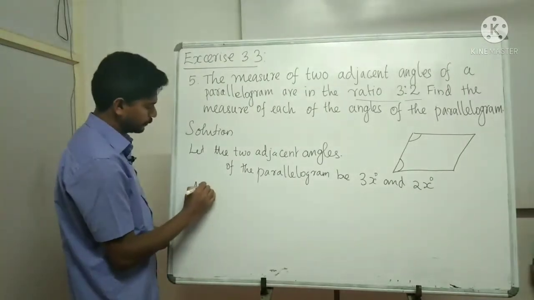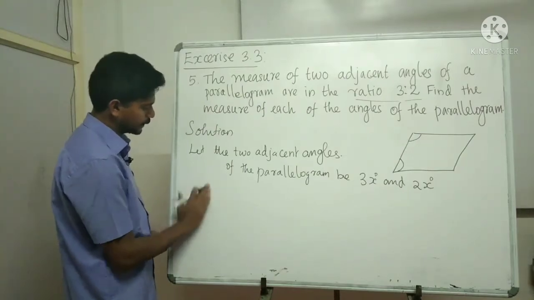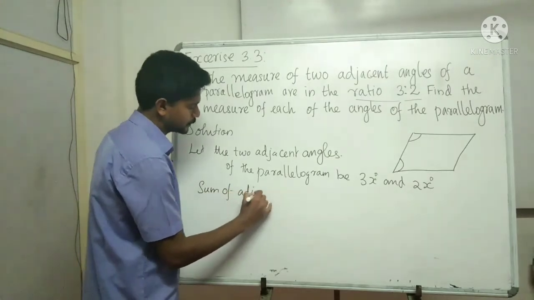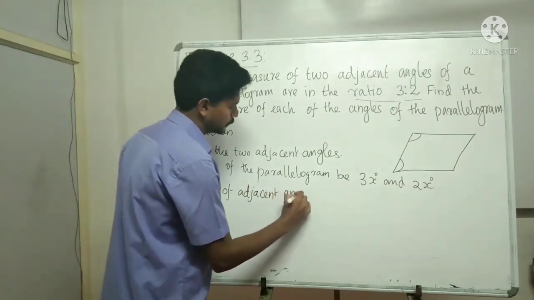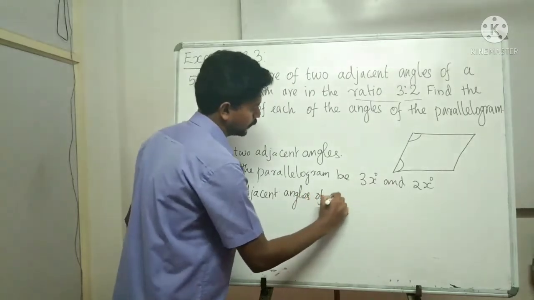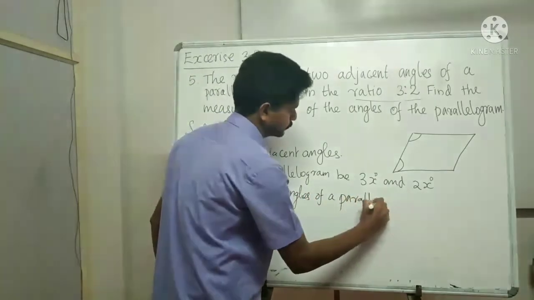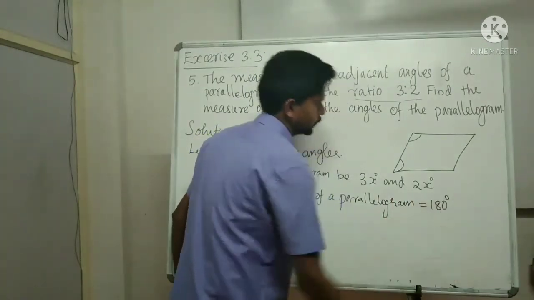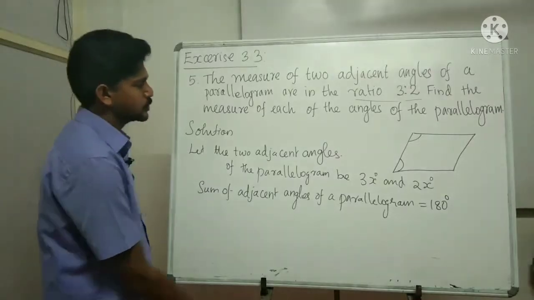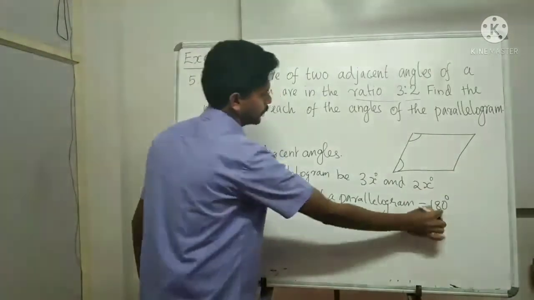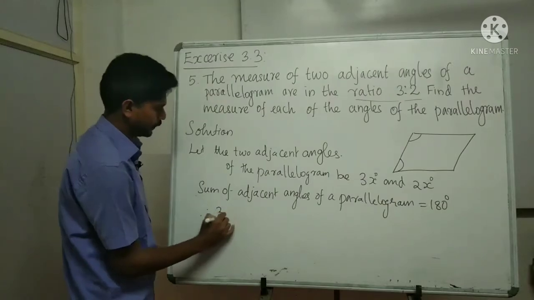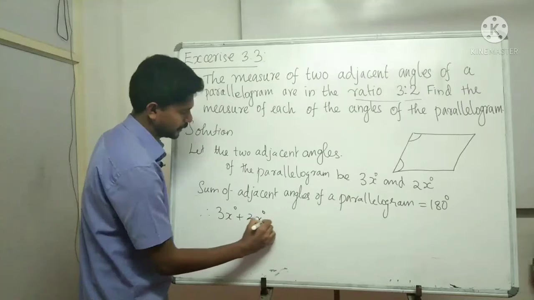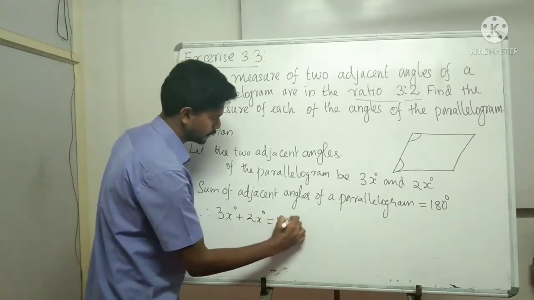The sum of adjacent angles of a parallelogram is supplementary, that means 180 degrees. So when we add 3x degree plus 2x degree, we get 180 degree.